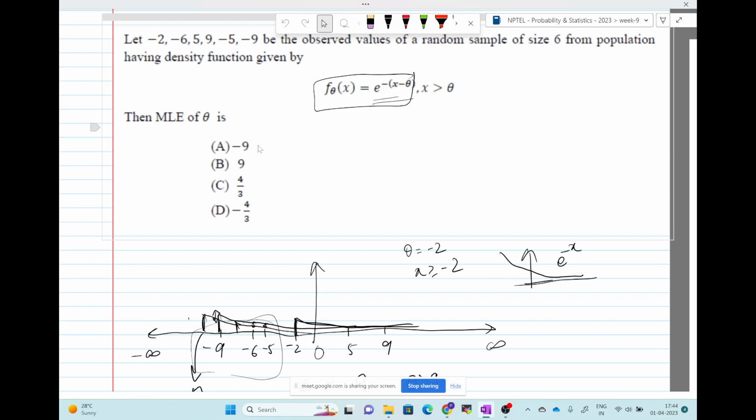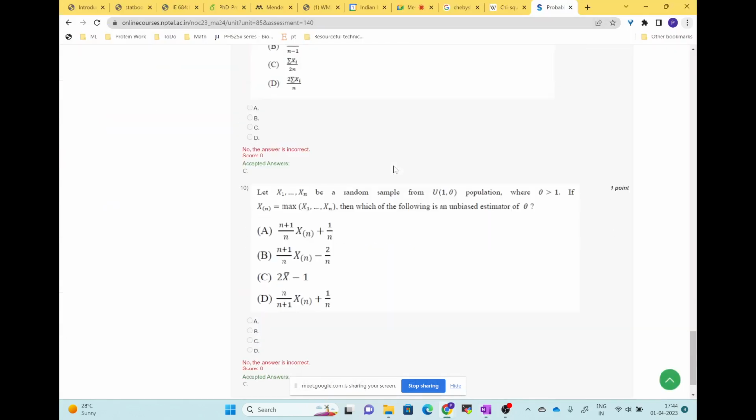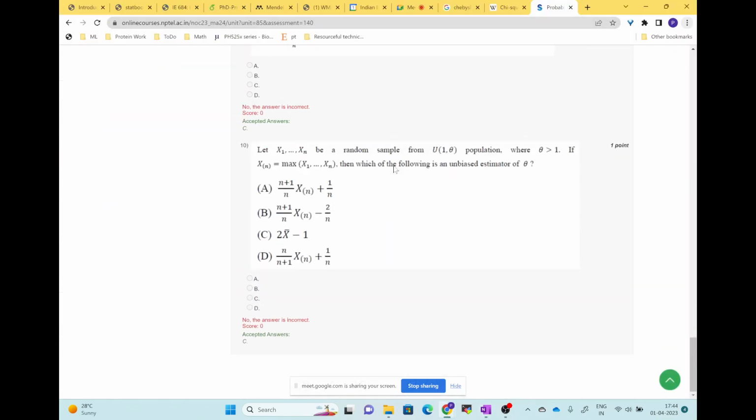Sir, question number 10. X1 to Xn be a random sample from a uniform 1 comma theta population where theta is greater than 1. If Xn equals the max, then which of the following is an unbiased estimator of theta?